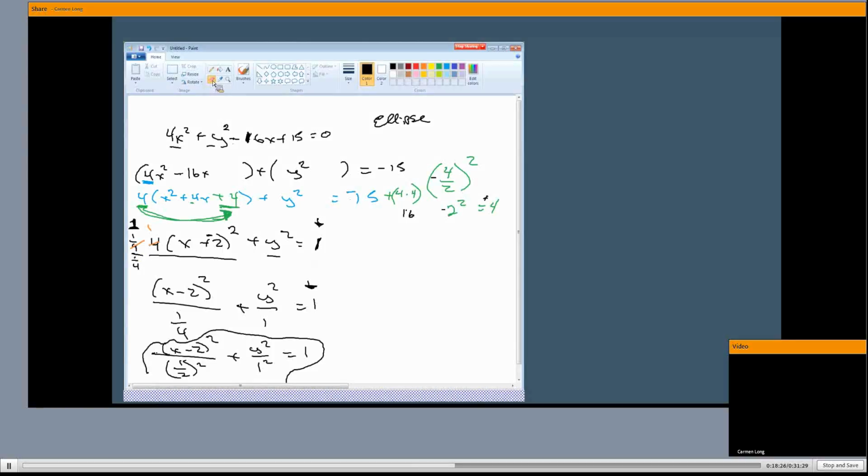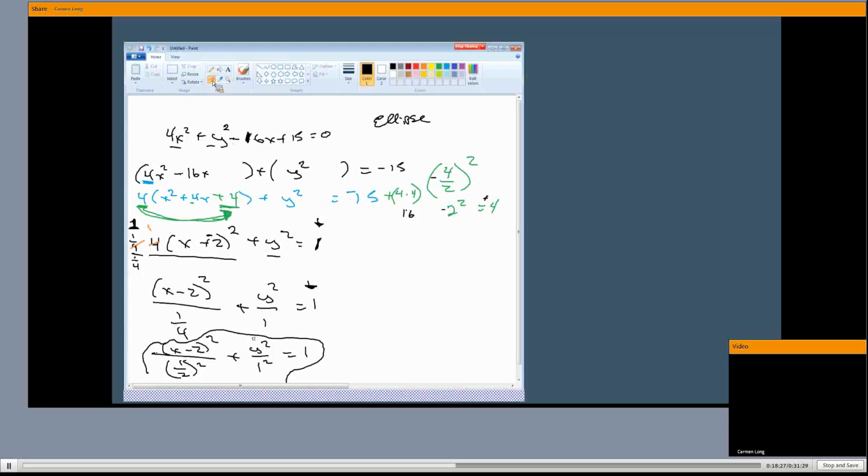All right, now that we have this, we can talk about what's going on in the graph. What happens with the graph is first we want to find the center of the ellipse. And the center of the ellipse is 2, 0 right there at 2, 0.